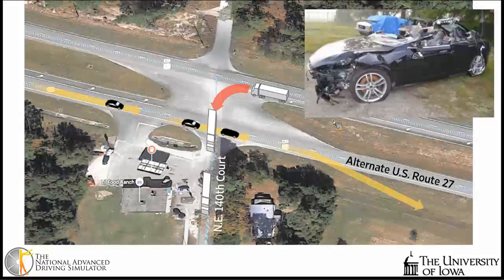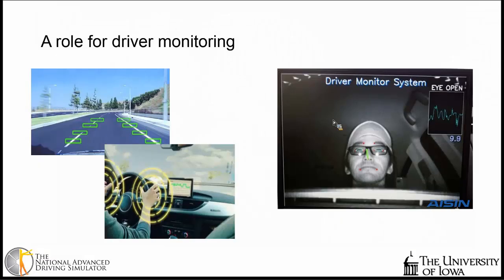But what's really interesting from a human factors perspective is that there are pretty good indications that the driver wasn't very attentive in the many minutes leading up to this crash. When they go back and look at hands-on-wheel time, for instance, out of the about 40 minutes the driver had been driving, it was less than a minute that the driver had their hands on the wheel, which is pretty suggestive that the driver was not very engaged in the driving task.